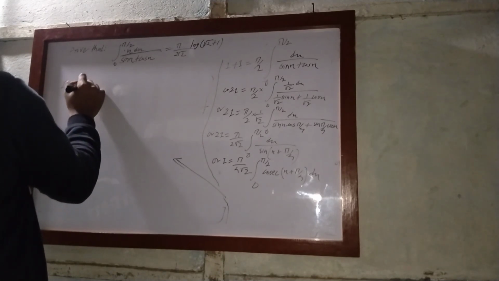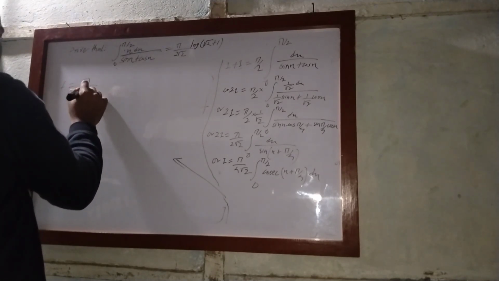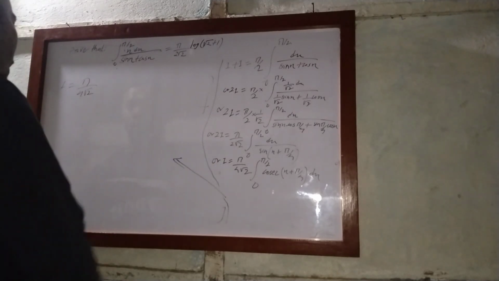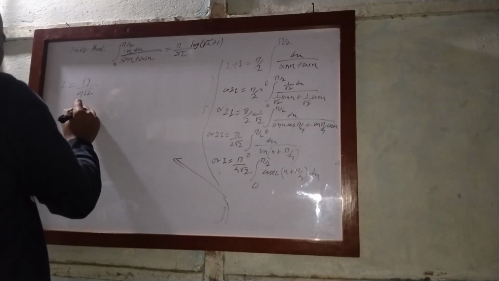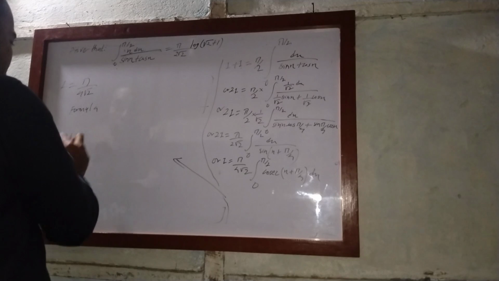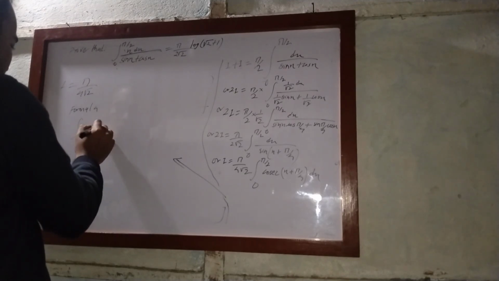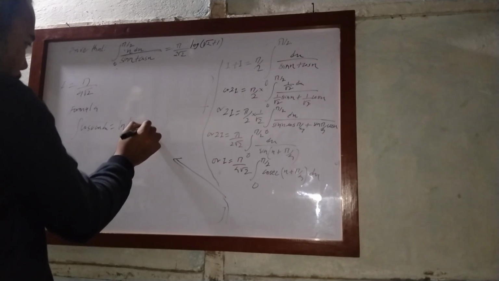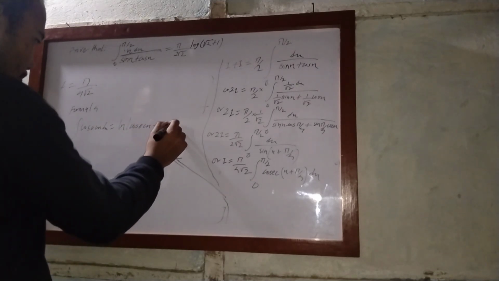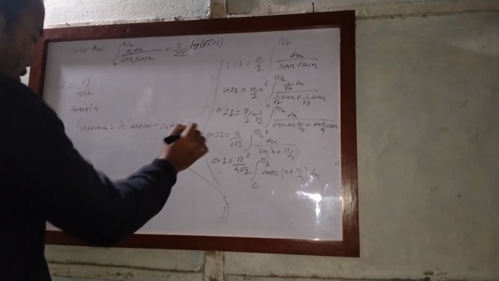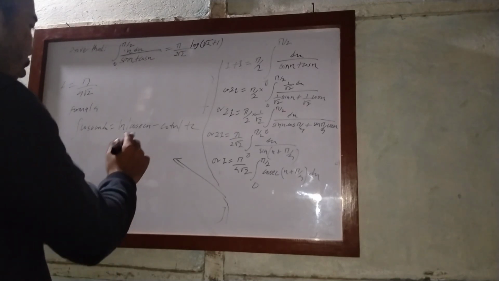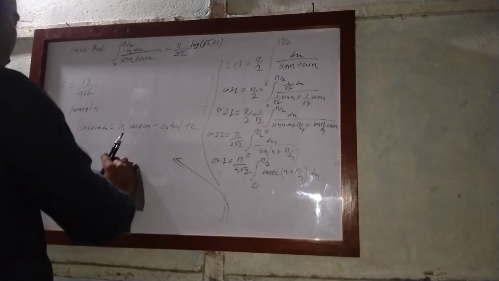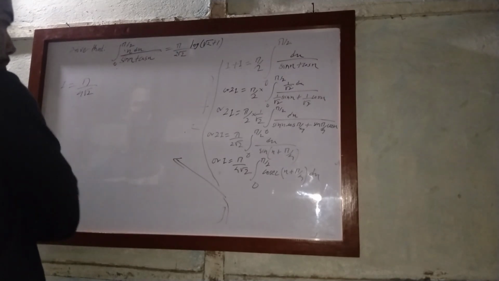I is equal to pi by 4 root 2. Okay, this cosec x plus pi by 4, we have a formula that the integration of cosec x dx is equal to ln cosec x minus cot x plus c. We have this formula. So we use this formula here.